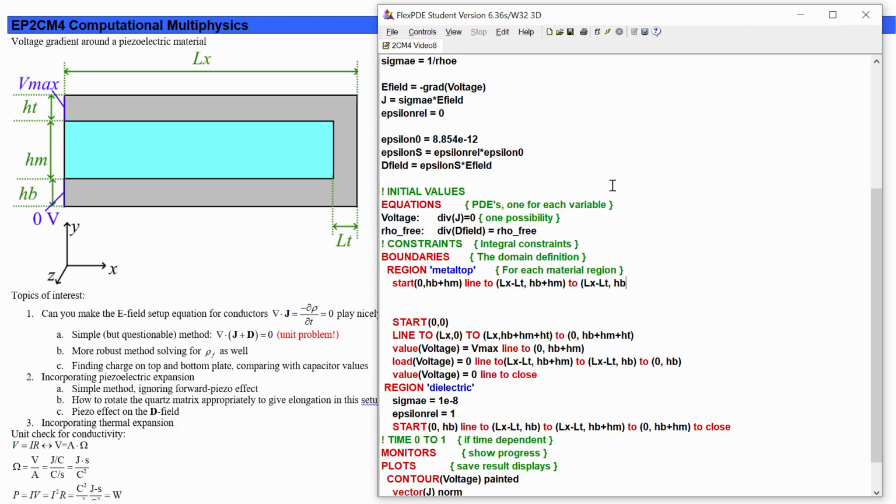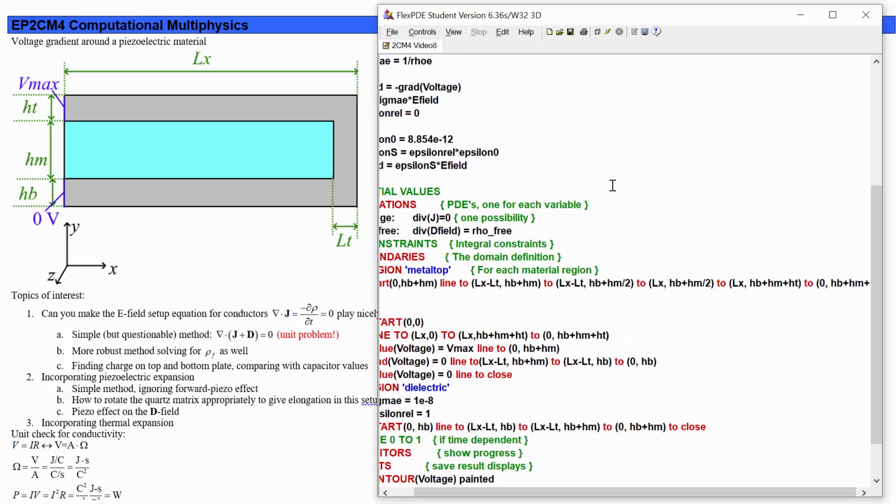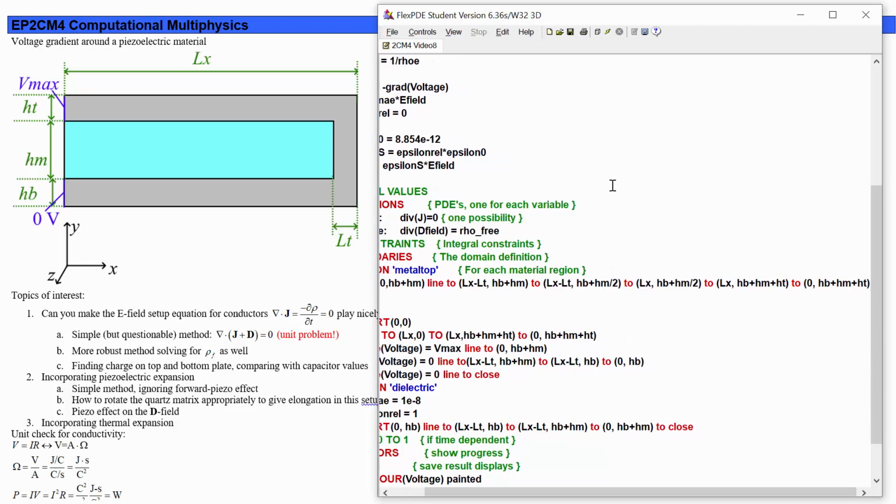Now we want to go halfway down, HB plus HM over 2, and then over to the right, Lx, HB plus HM over 2, to Lx, HB plus HM plus HT, to 0, HB plus HM plus HT. Put this on a different line.